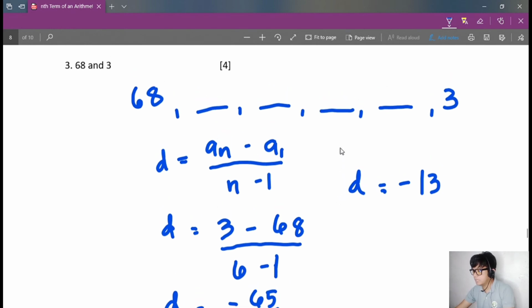So this negative 13 is what we add to get the terms. 68 minus negative 13, that is 55. 55 plus negative 13, that is 42.